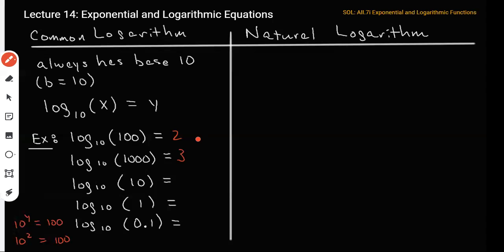That exponent would have to be 1, right? Because 10 to the first power is going to give me 10. Okay. Well, if that's true, then what exponent do I have to raise 10 to get to 1? That's going to be 0, right? And that's because 10 to the 0 power is going to give me 1.